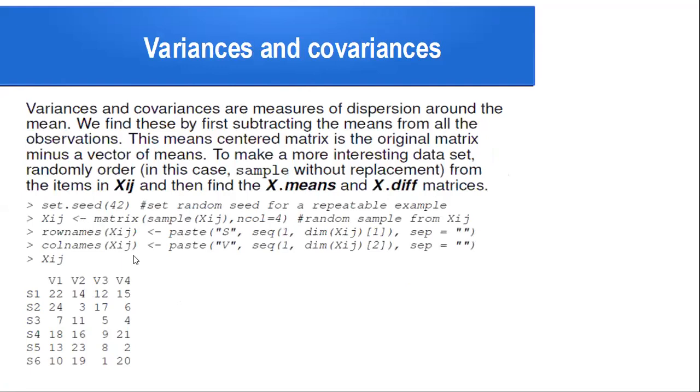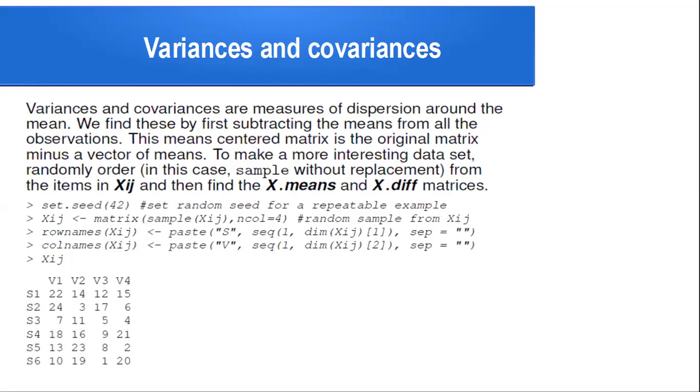Variance and covariances. Variances and covariances are measures of dispersion around the mean. We find this by first subtracting the means from all the observations. This mean-centered matrix is the original matrix minus a vector of means.